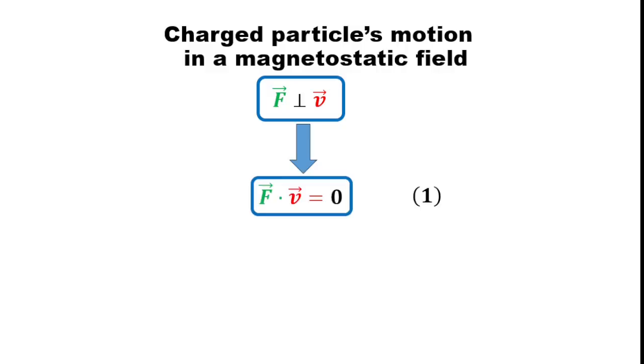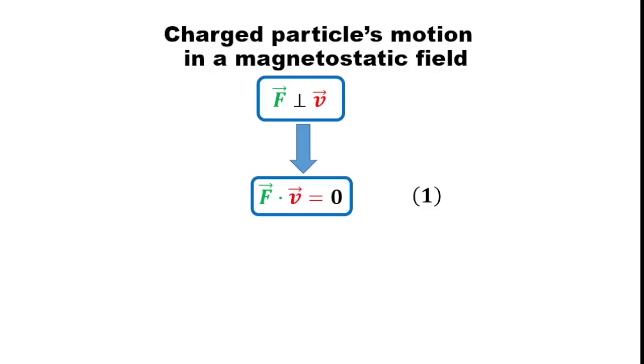Therefore, we can write that the dot product of force and velocity is equal to 0 as shown in equation 1, because we know that the dot product of two perpendicular vectors is equal to 0.